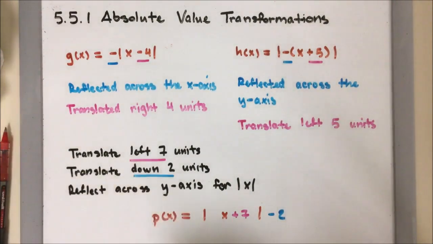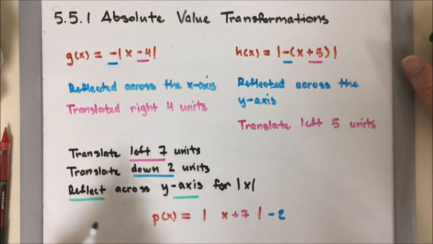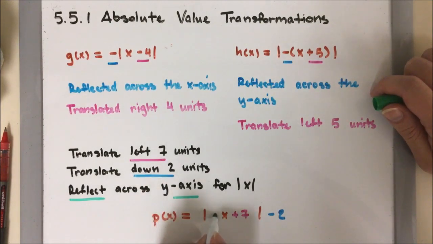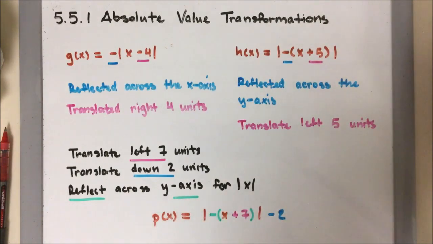Now, it says reflect across, so I'm going to underline reflect across y-axis. So it's going to be similar to this, where the negative is inside the absolute value, but I have to include parentheses on the x plus 7 because there is a number with the x, so I want to make sure that the negative is in front of the whole thing, so we must include the parentheses.